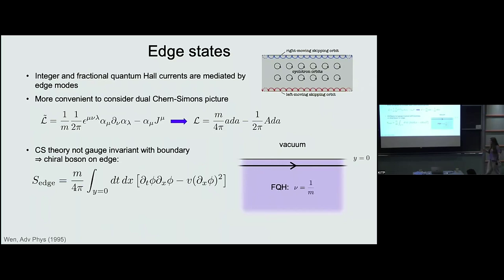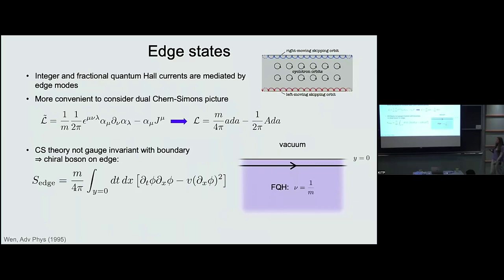Okay, so when we start with this theory and then we add an edge, you'll actually find that it is no longer gauge invariant on that boundary. And we can understand gauge invariance as kind of removing degrees of freedom from our theory. We want to write everything down locally, but to do so we have to add in degrees of freedom that aren't actually there.